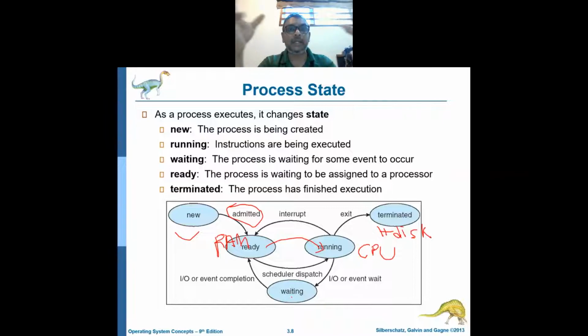Each process inside the RAM will be brought into the running state, and who brings it is the dispatcher. That's its job.